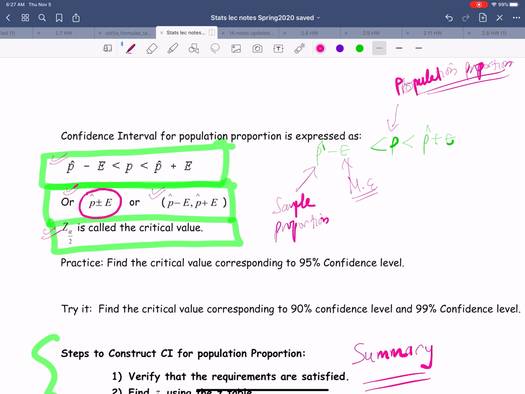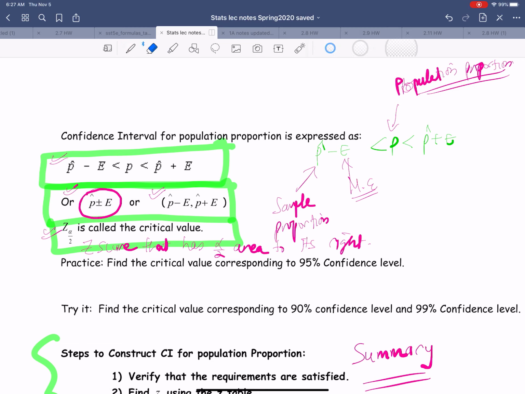Z alpha over 2 is the critical value, a z-score that has alpha over 2 area to its right. So this is a z-score that has alpha over 2 area to its right.